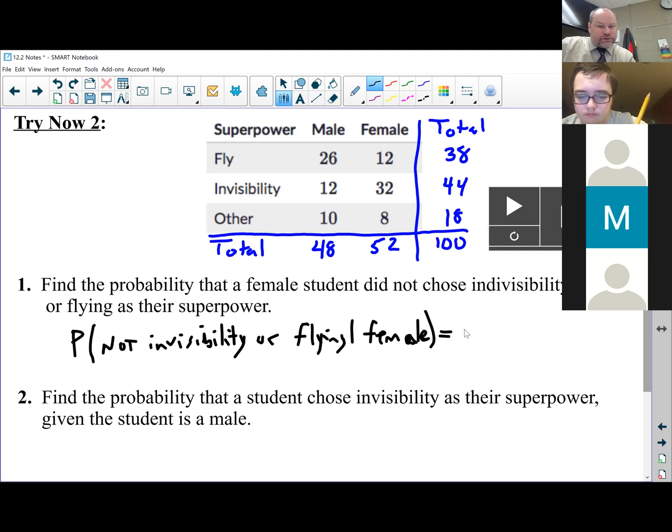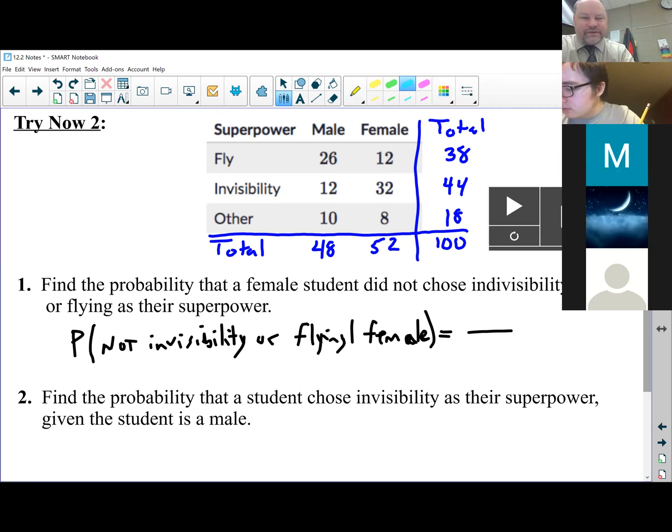Sophie, you are so close. The first thing we want to do, the denominator should just be the total number of females, not the total altogether. So in this case, 52.